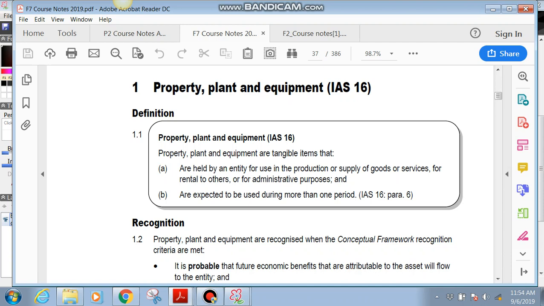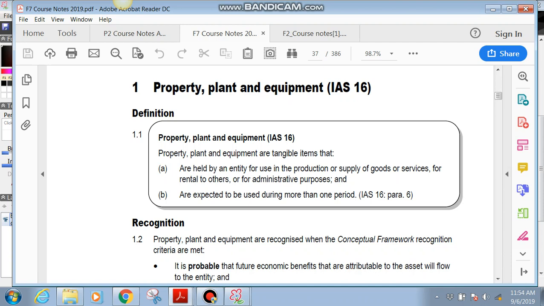It should be a building you're using yourself, the owner, not with the intention of selling it. And you are expected to use this asset for more than one period. Okay. Notice we use a period, we don't use a year, meaning from one financial year to the other financial year.